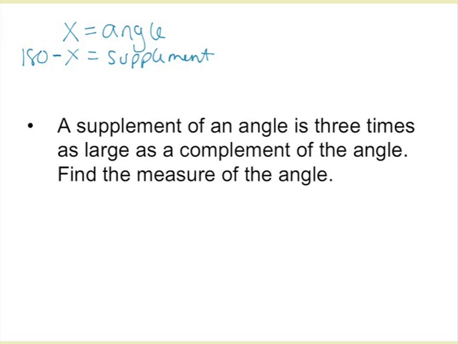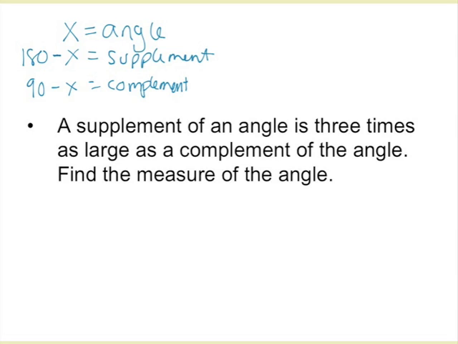The third big noun in our problem is complement. So if our supplement is 180 minus x, what should our complement be? 90 minus x, because complements add up to 90. So now that I have my nouns defined as symbols, I can rewrite these words in symbols.